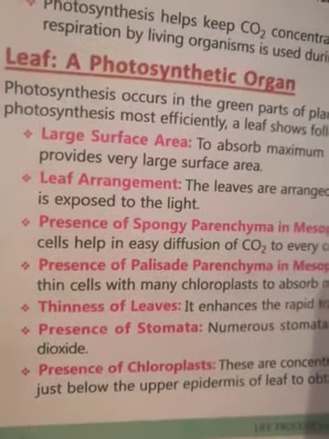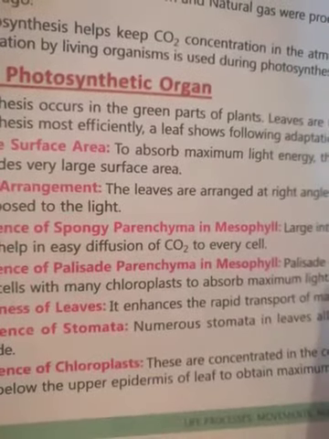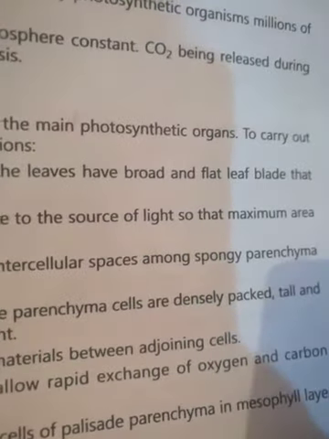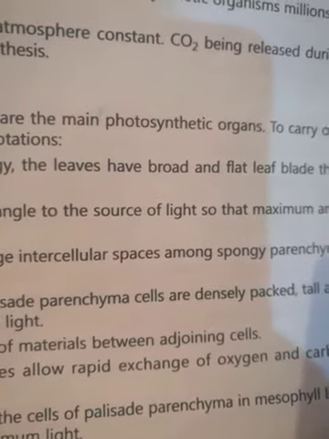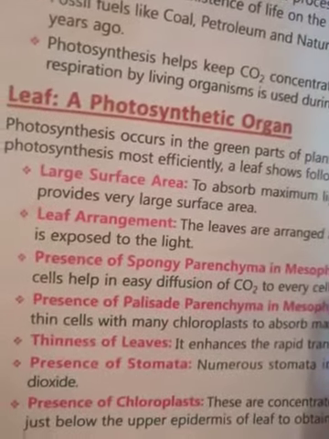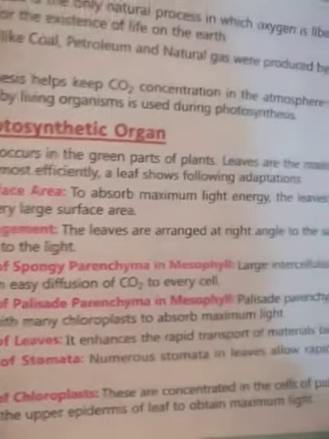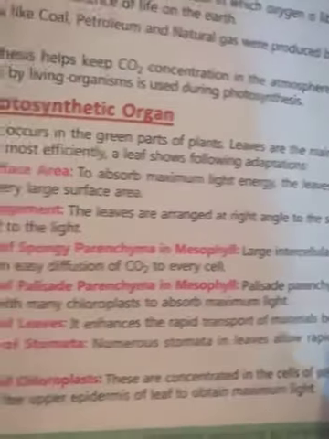Presence of spongy parenchyma in mesophyll. Large intercellular spaces among spongy parenchyma cells. Intercellular spaces means the space between two cells. Spongy parenchyma cells help in easy diffusion of CO2 to every cell.